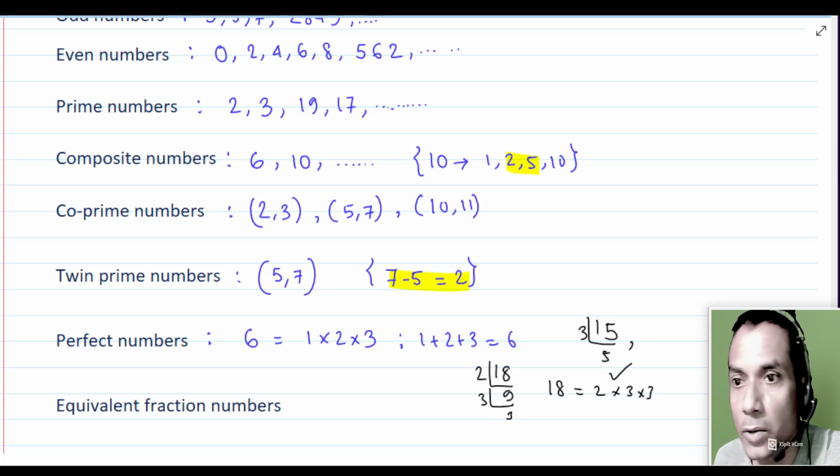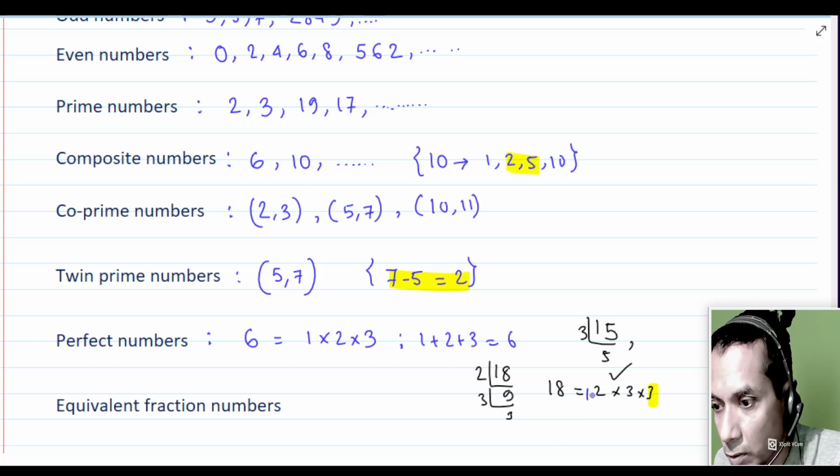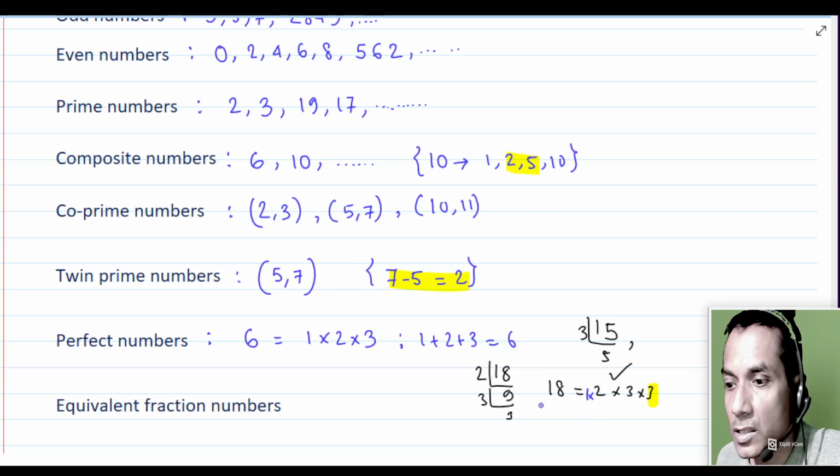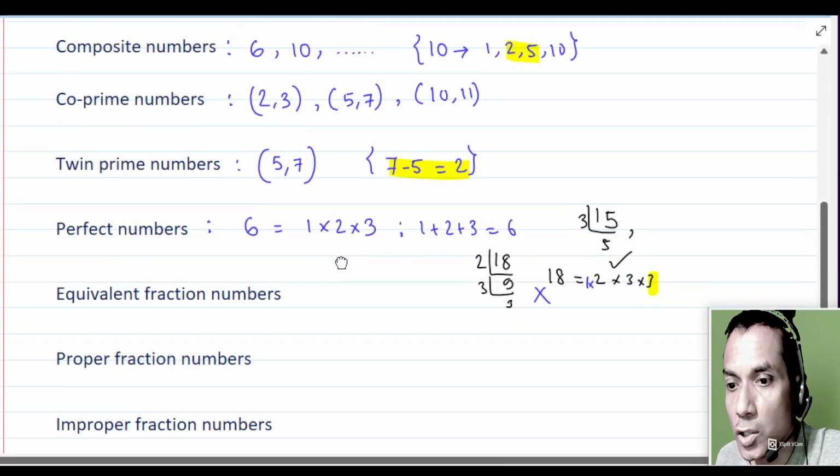So 3 repeats 2 times, so it is not a unique value. All perfect numbers should have unique factors during the multiplication. Okay, clear? So this is not a perfect number. Hope it is clear.